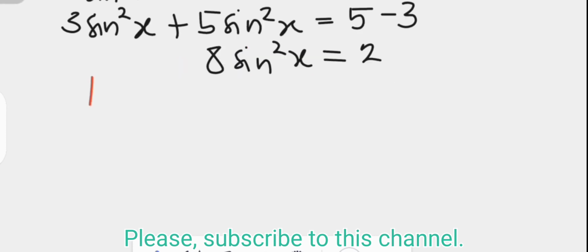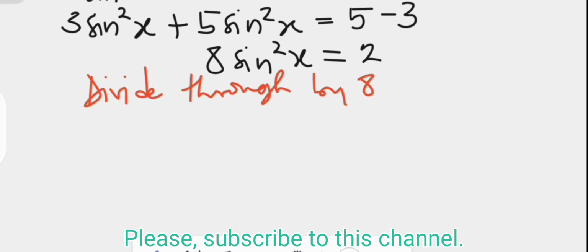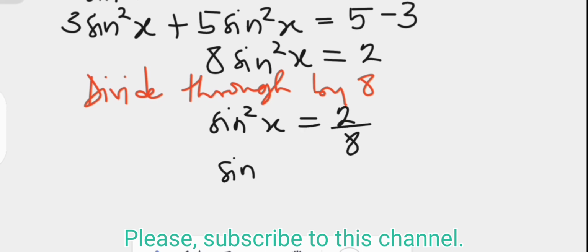Dividing both sides by 8, sine square x is 2 over 8, which means that sine square x is 1 over 4. We then take the square root of both sides.